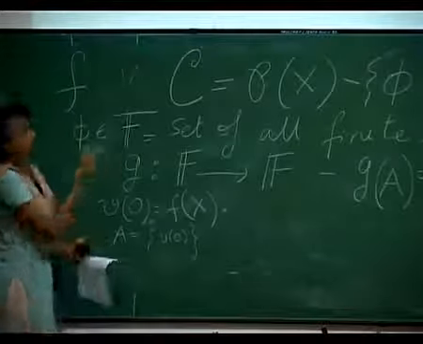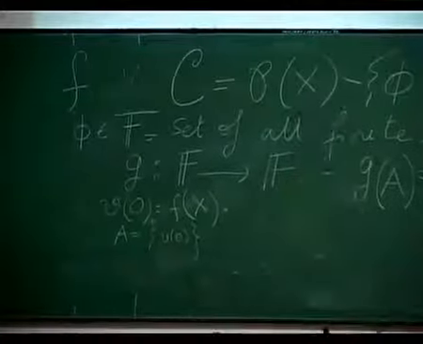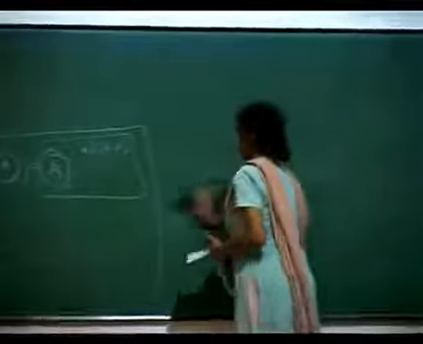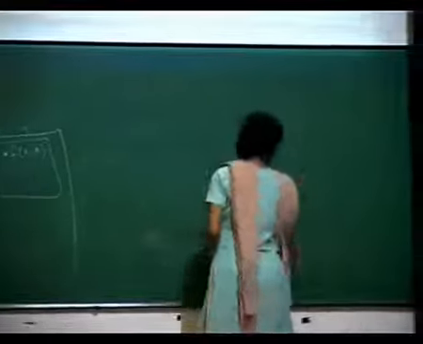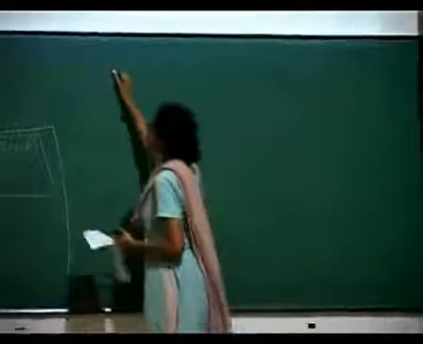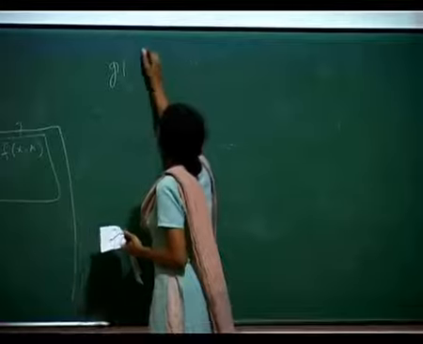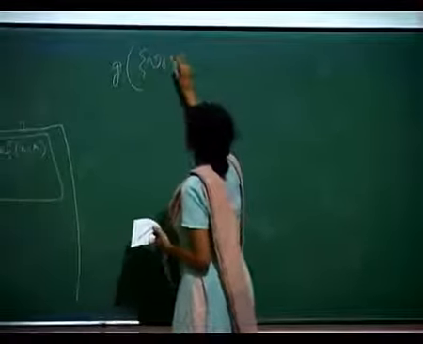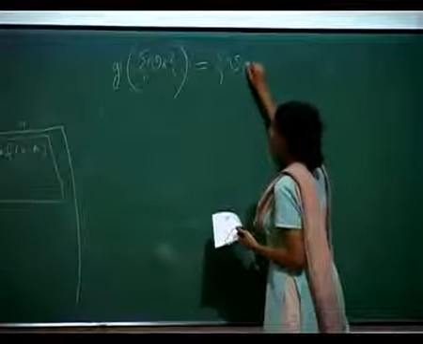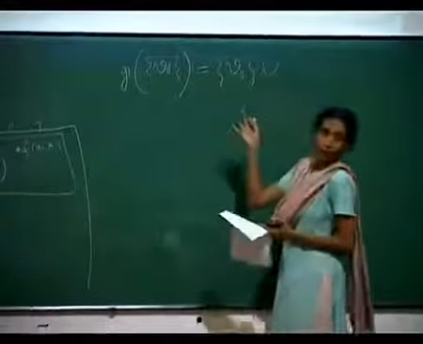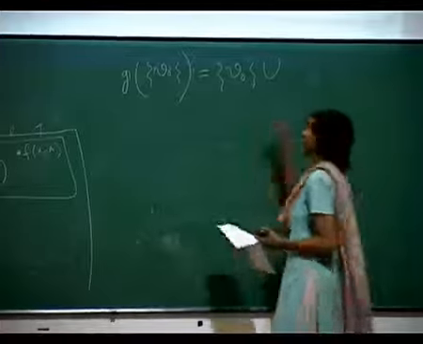So what is G of this set V0? It is really V0 itself and one more element which is not V0, right?